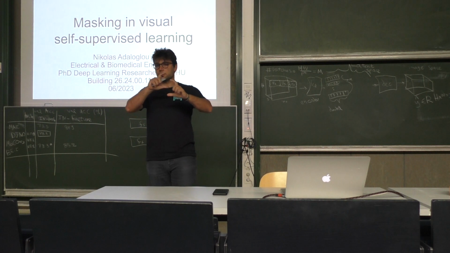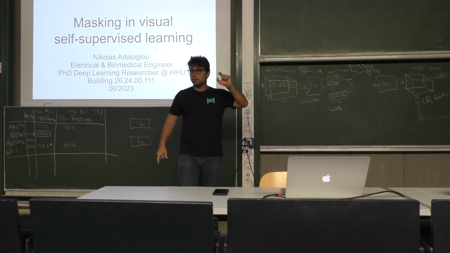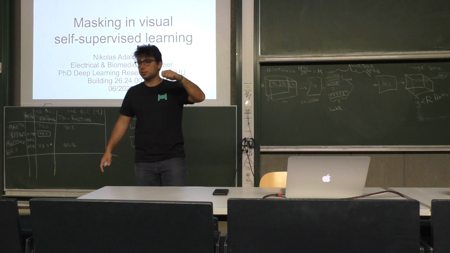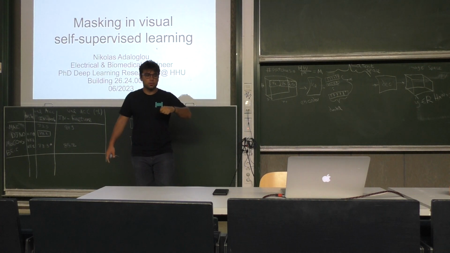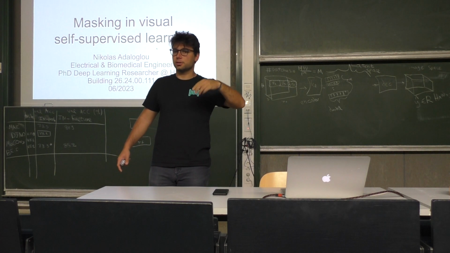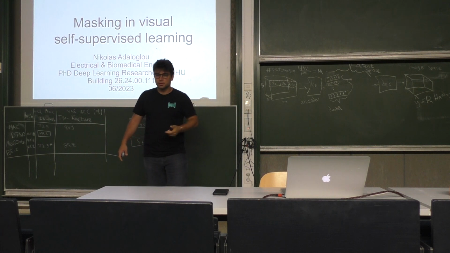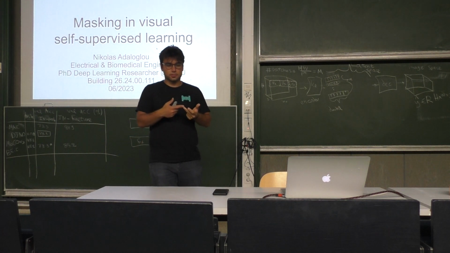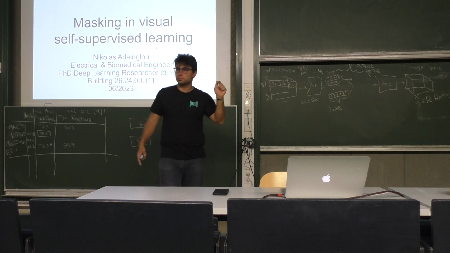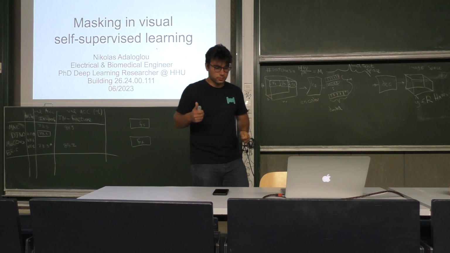When I refer to image augmentations, I refer to random crops of different scale, usually from 5% to 100% of the image, or color jittering, which is basically distorting the statistics of brightness and contrast of an image. Additionally, for natural images, you can distort the saturation, and you have parameters to control how much you want to distort those statistics.